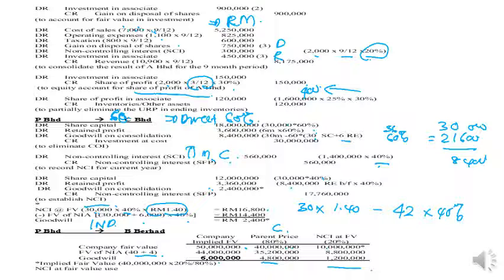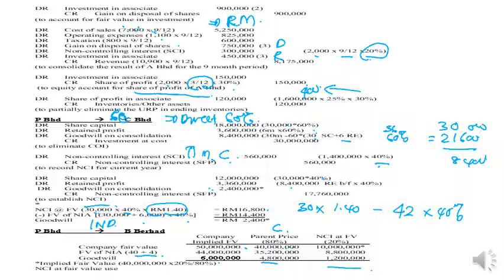Investment in associate here is for the remaining. And then you have taxation times 9 over 12. NCI here, 300 is 2000 times 9 over 12, and then times 20%. The NCI portion here is 20%, and then credit revenue 8175. All these items you need to times with 9 over 12 here.